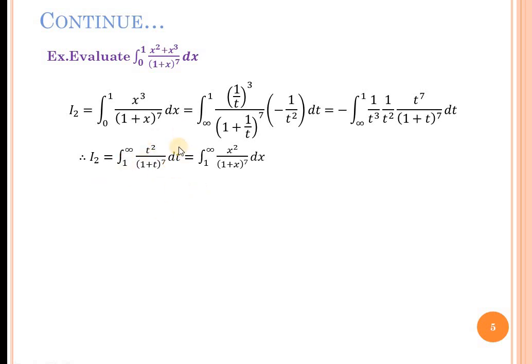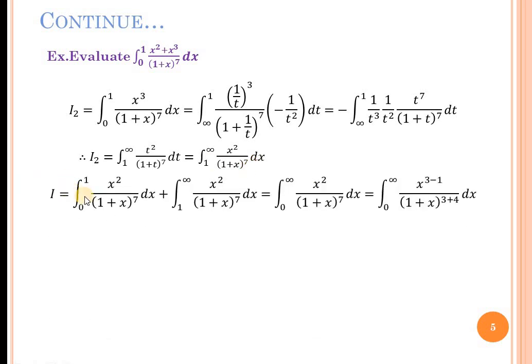Now this is a definite integral, so the variable is independent, and I can again replace t by x. No problem, the integration remains the same. So I replace this by the integral from 1 to infinity of x² upon (1 + x)^7 dx. Now I write I = I1 + I2.